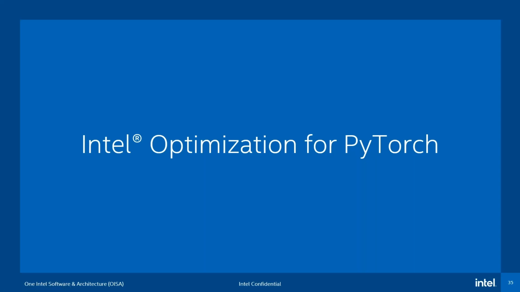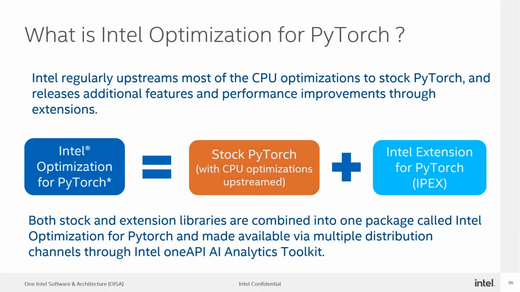Then I will introduce Intel optimization for PyTorch. So what is Intel optimization for PyTorch? It is a combination of stock PyTorch and Intel extension for PyTorch. We call this Intel extension for PyTorch IPEX, short for IPEX.